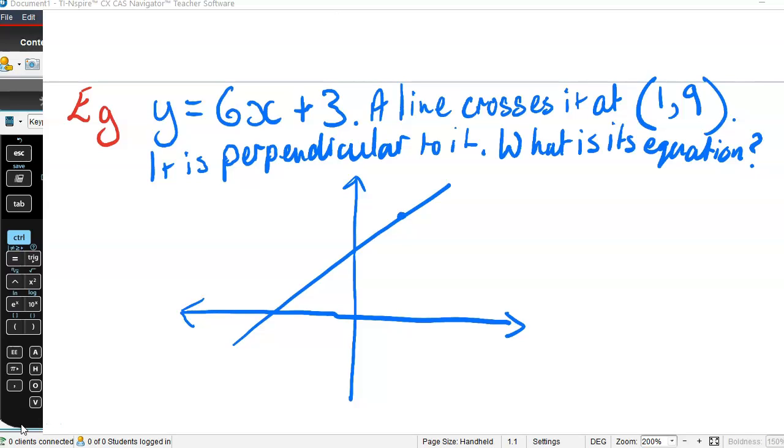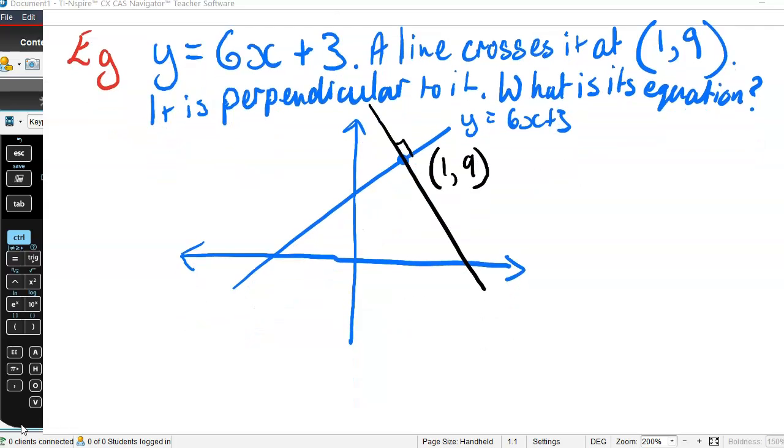At that point, 1, 9, another line crosses it at right angles. Okay, so that's 1, 9. What's the equation of this new line? Okay, so we know that this first line has the equation y equals 6x plus 3. So let's figure out this other equation.